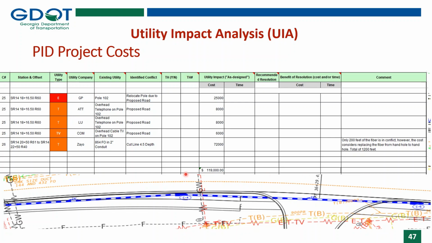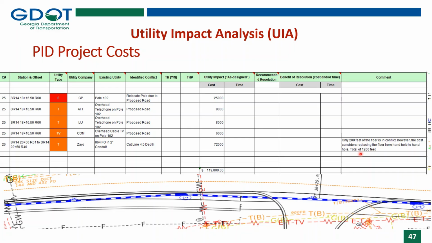So as you can see here for this Zayo underground line, it's in conflict at station 20 plus 50 to station 22 plus 50, only 200 feet. However, the splices are located 1,200 feet apart. In order to replace that fiber from handhole to handhole, or from splice to splice, we need to assume 1,200 feet.